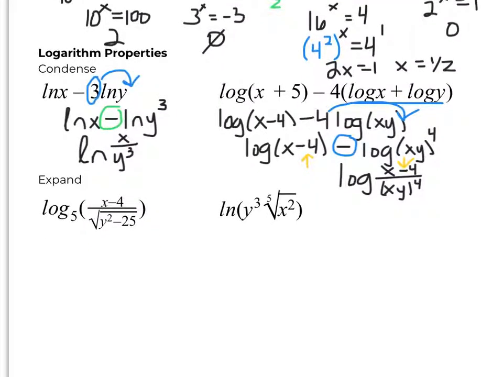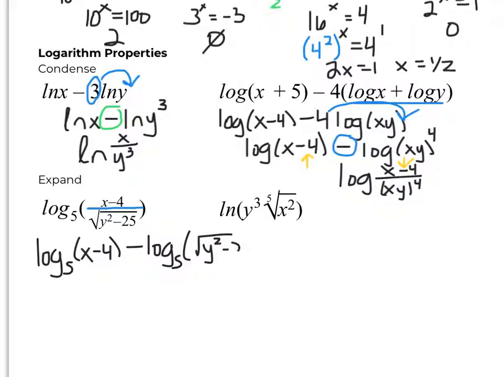So for this one, we're going to start with the fact that we have division in between. So I'm going to have subtraction when I break this puppy up. So log base 5 of parentheses x minus 4 minus log base 5 of square root y squared minus 25.